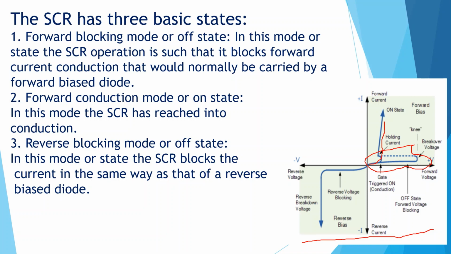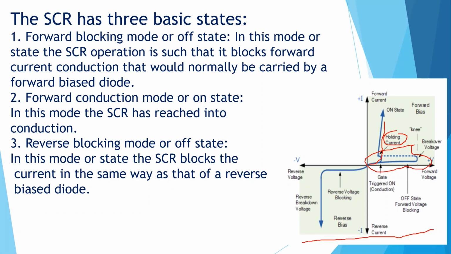Once SCR is fired, that is turned on, the current through the SCR must be limited by connecting a series resistor. The minimum anode current required to keep SCR in on state is called as holding current. Please listen to these words, it will be very important. This is the holding current, and corresponding anode to cathode voltage is called as holding voltage, which is specified by VH.